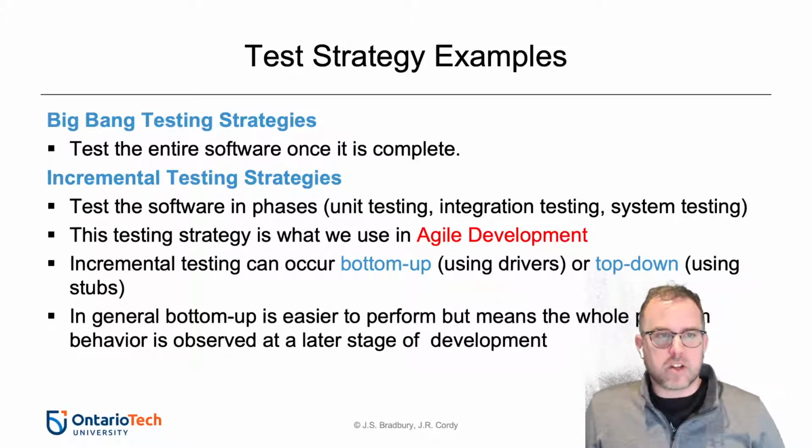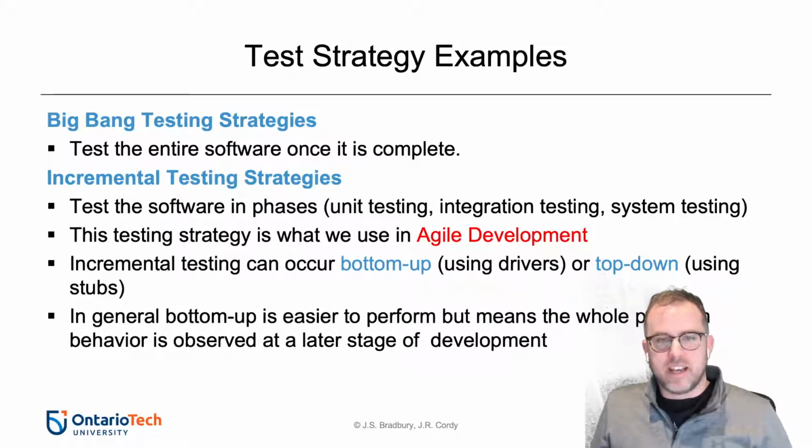Another way to do it is what we call top-down testing. Let's say I've got a banking system. I'm going to implement the main driver code first, and I'll be testing that.